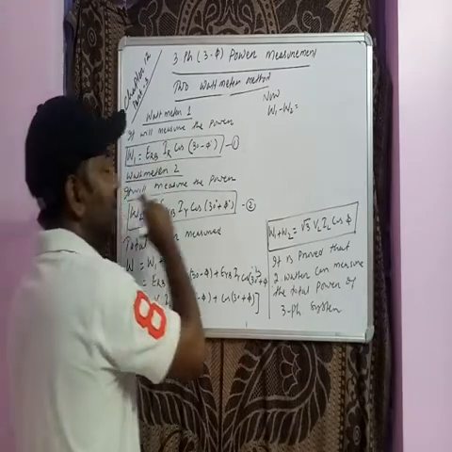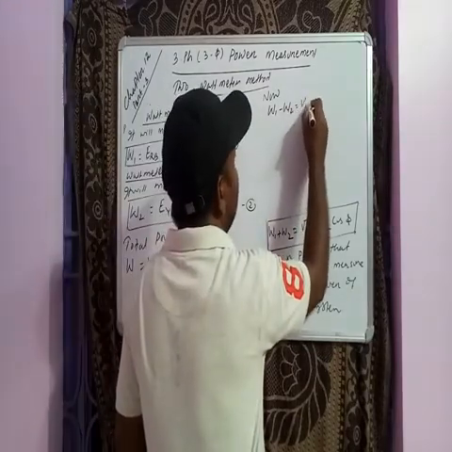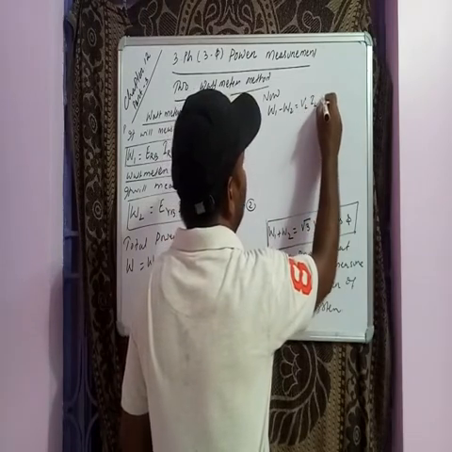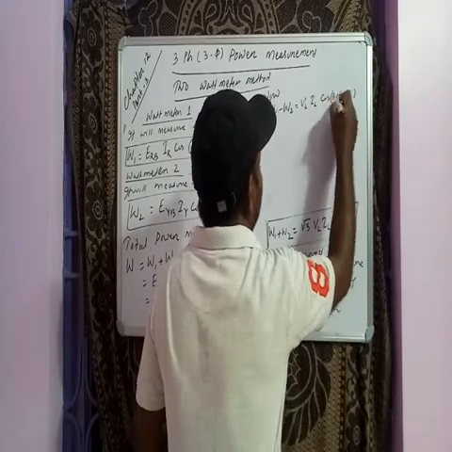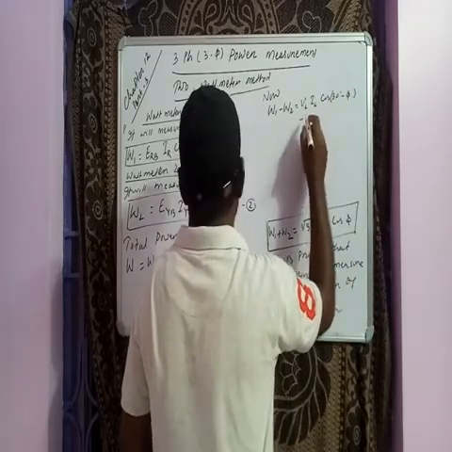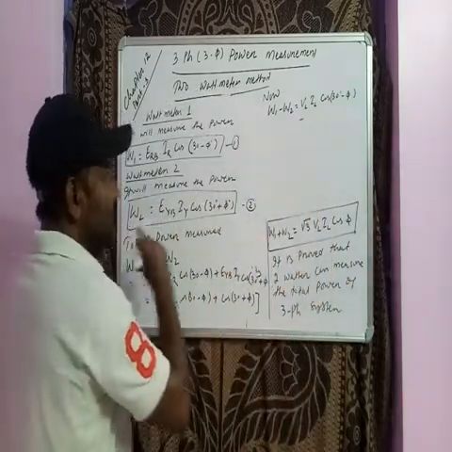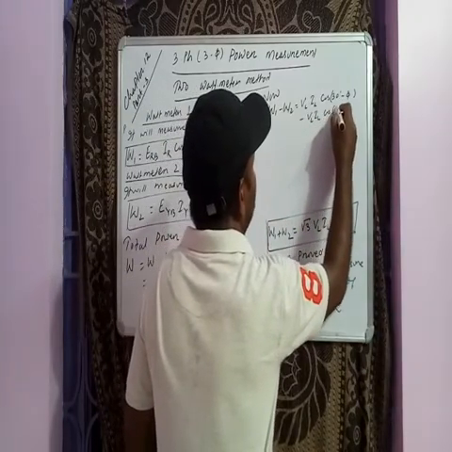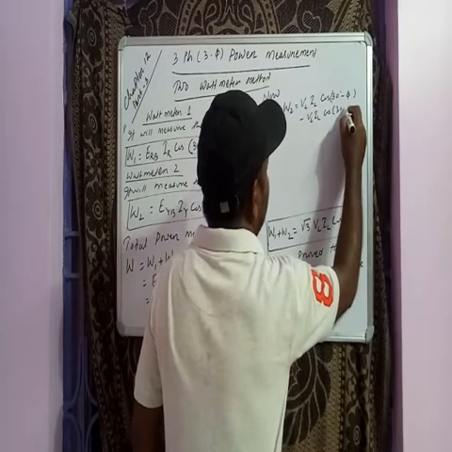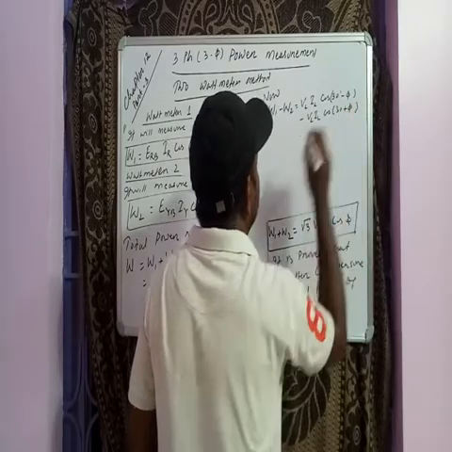VL. IR is IL. So it is VL into IL cos (30 degree minus phi) minus VL IL cos (30 degree plus phi).